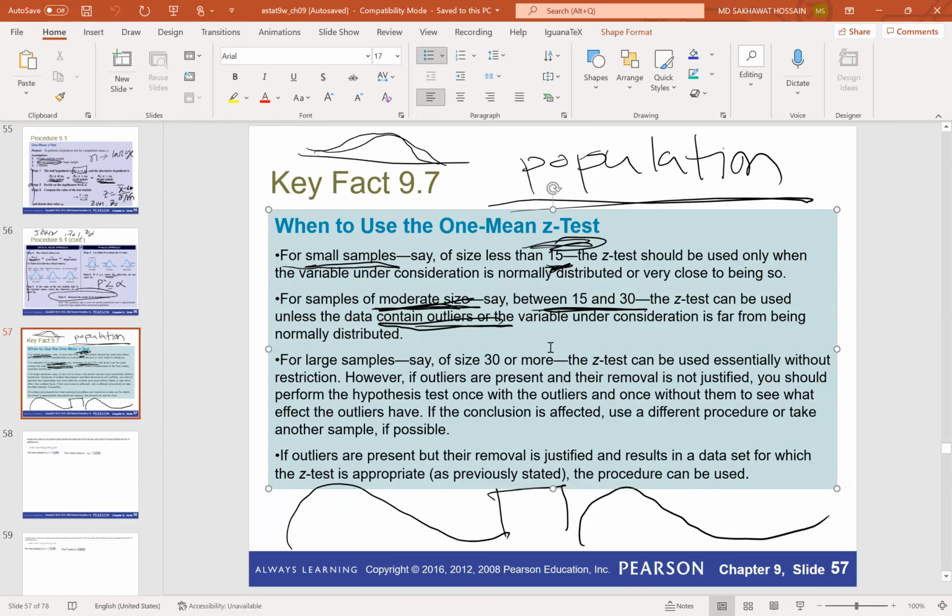For a large sample, that means if the sample size is 30 or greater, we can use the Z test without knowing the distribution. However, if the data has outliers, then we'll perform the test with outliers and without outliers. And if we see different results for the two tests, then we'll consider some other test.